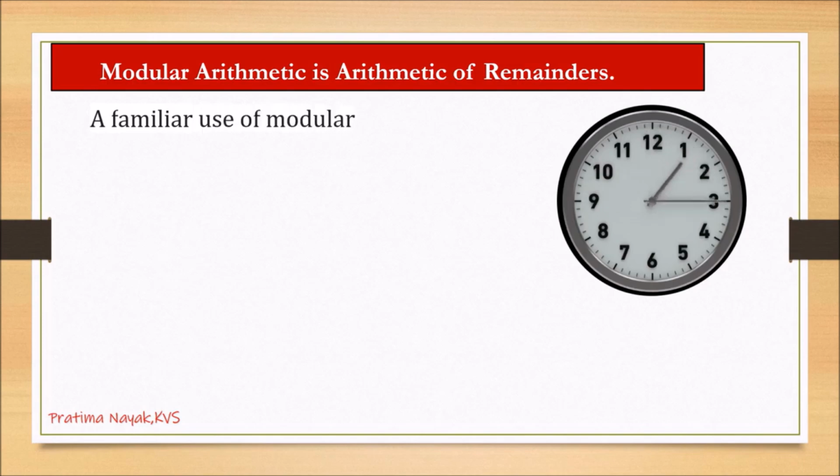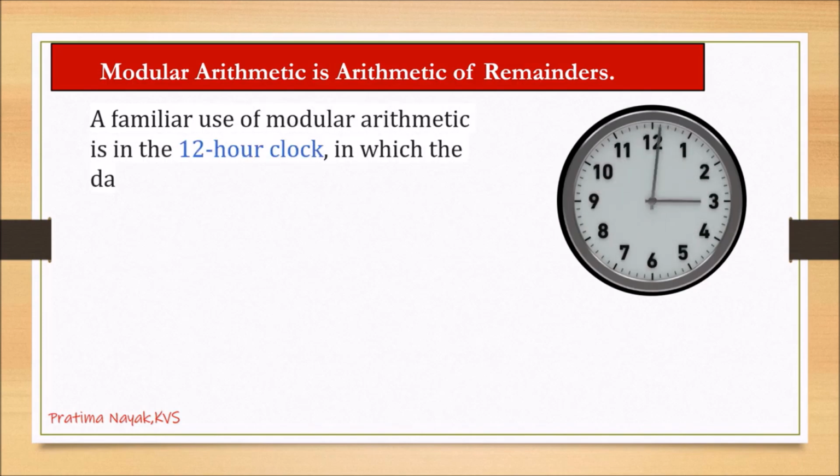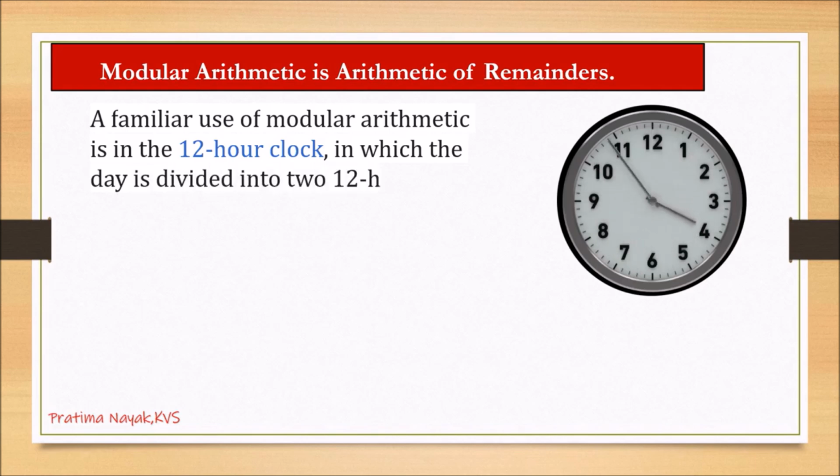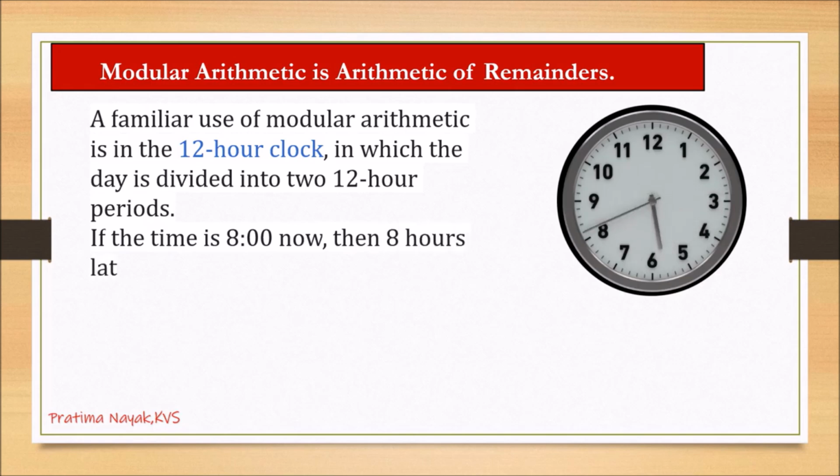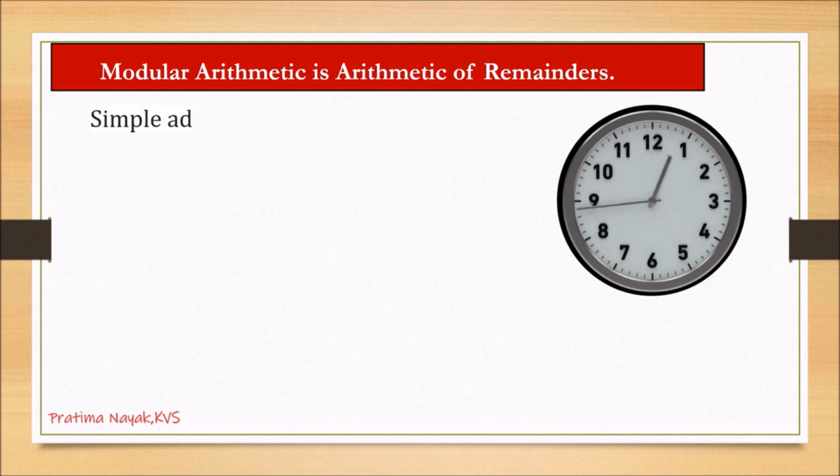Modular arithmetic is a very familiar use in the 12-hour clock, in which the day is divided into two 12-hour periods. If the time is 8 hours now, then after 8 hours it will be 16. But do we say it is 16?